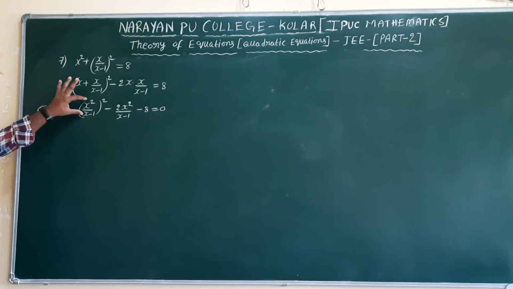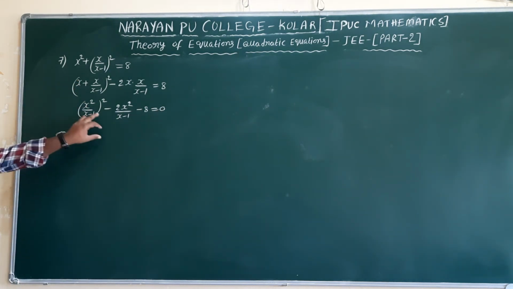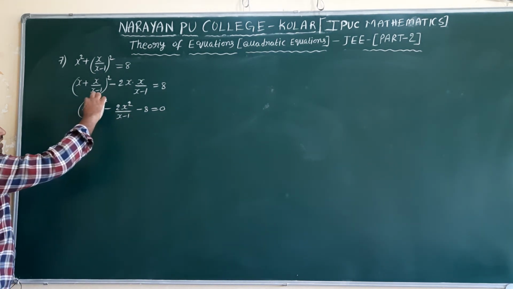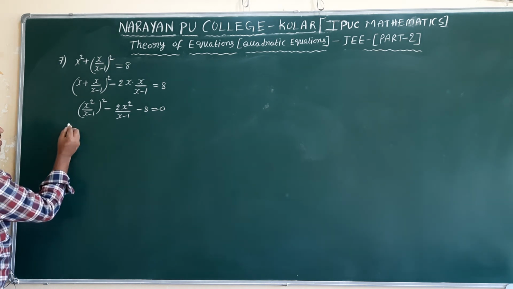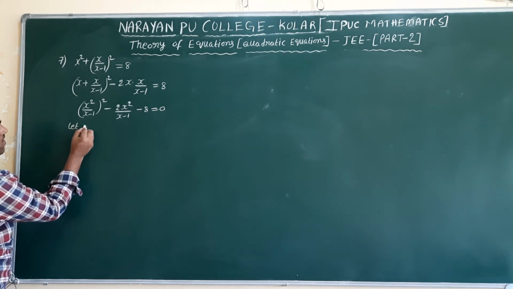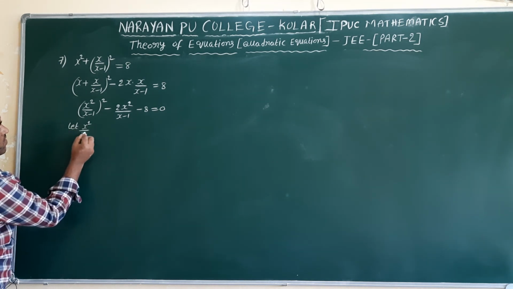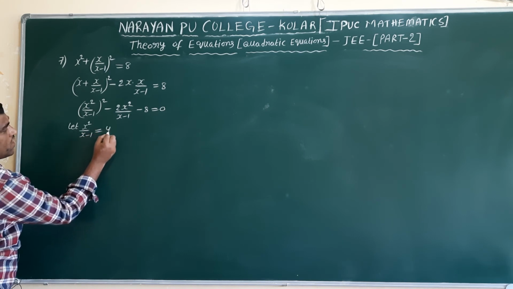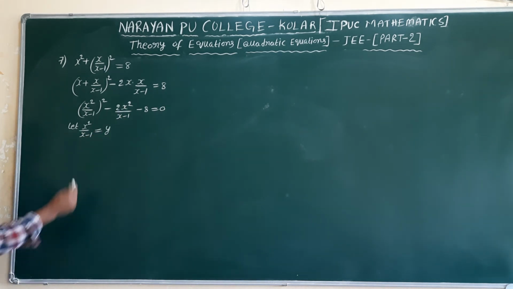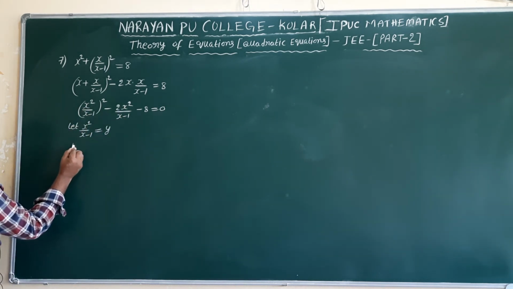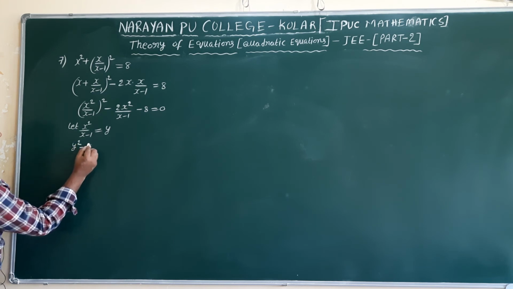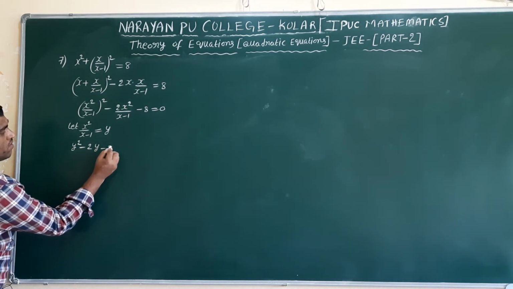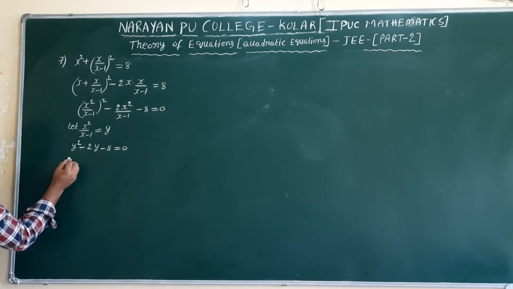So if it is only a single variable, we can say it is a quadratic equation, and we can factorize that. So to make it easy, let this function be some new variable. Let x square by x minus 1 equal to some y or p, whatever it may be. So substitute this value here: y square minus 2y minus 8 equal to 0.